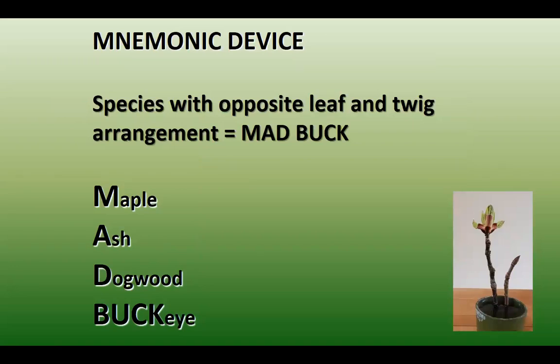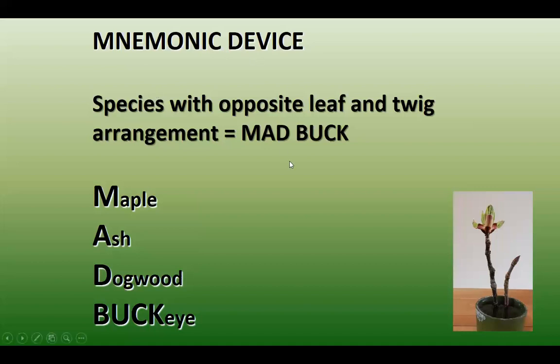So I told you there are not very many trees that have the opposite arrangement, and they are maple, ash, dogwood, and the Buckeye family. And so you could think of that as mad buck. Or if you want to include the horse chestnut, which of course is part of the Buckeye family, then it's mad bucking horse. So you better not get on it.